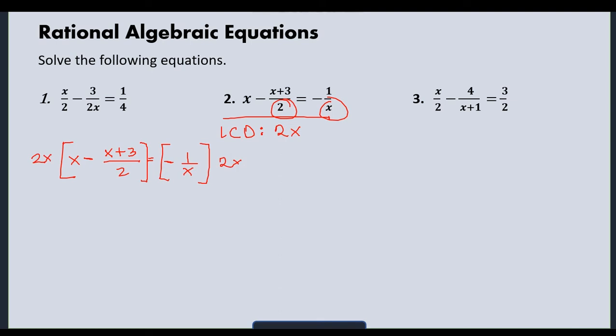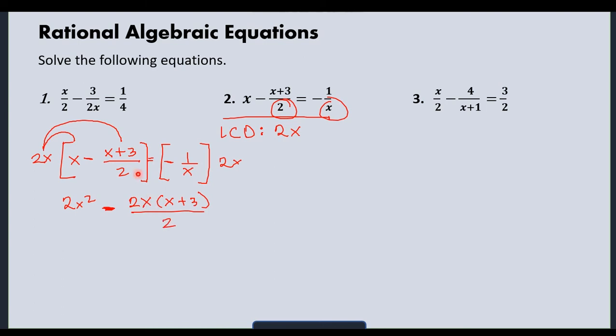And then we distribute. 2x times x will give me 2x squared. Then 2x times (x plus 3). So let's copy the minus first here. So 2x squared minus, and then we're going to have here 2x times (x plus 3) all over 2.